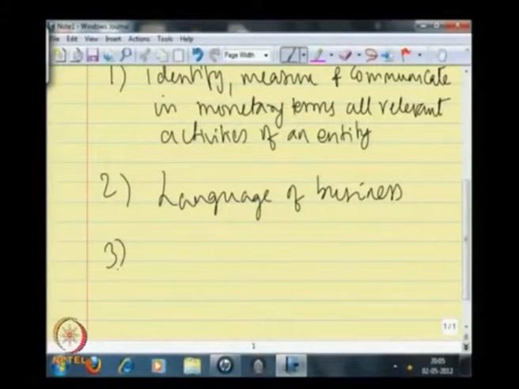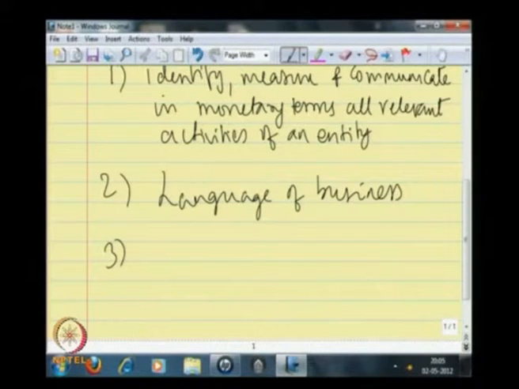Now, when it comes to following a uniform syntax, it means that there must be some set of principles which form the underlying basis on which these three requirements of identifying, measuring and communicating in monetary terms these activities have to be done.